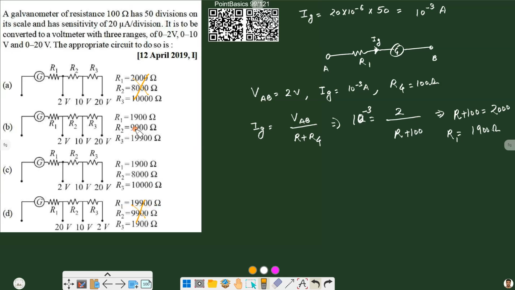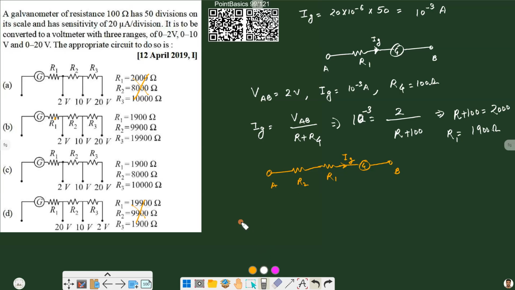So now let's come to R2. As we can see from the diagram, when we connect R2, R1 is already connected. R2 is not an individual resistance. R1 is already connected in series when we are making it from 0 to 10 volt. So our new circuit is something like this: we have R2 here, in series we have R1 also available, we have a galvanometer, and these are our points A and B. And again we have some maximum current.